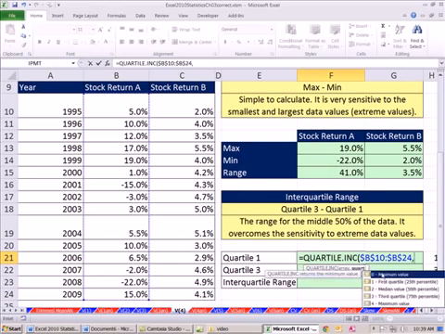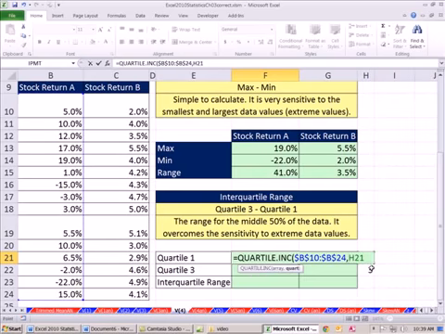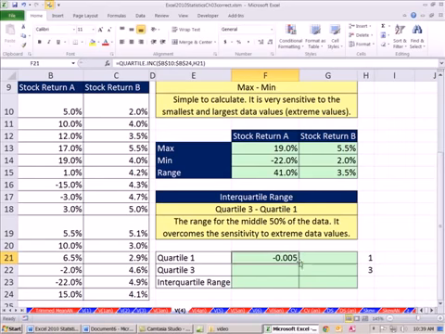And now I'm going to comma. And I put my 1 and 3 here, so I'm going to click on the relative cell reference. So I'm going to copy down. All right, so for stock A, we have quartile 1 is still a little bit minus. Quartile 3 is 0.11.